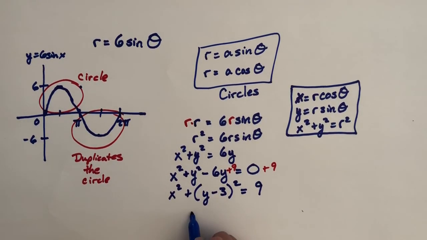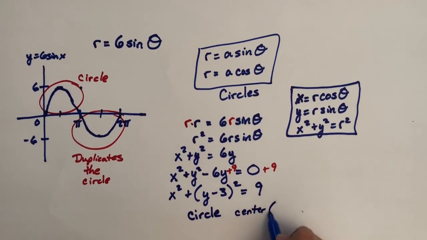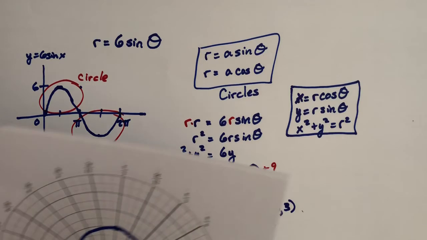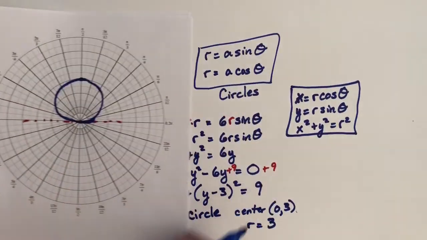And now I hope you recognize from your work with rectangular graphs that this is a circle with center at (0, 3) and the radius equals 3. If you look back at our graph, it wasn't a beautiful circle, but notice here it was.